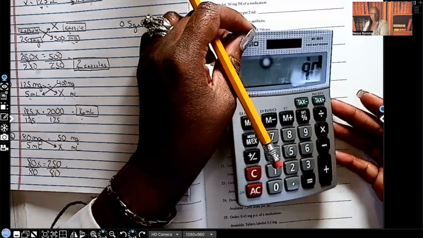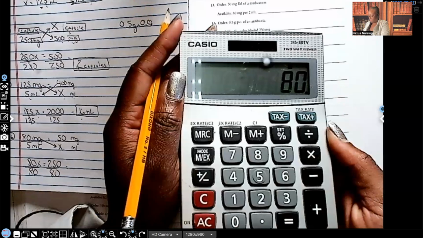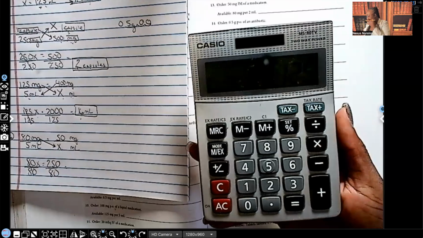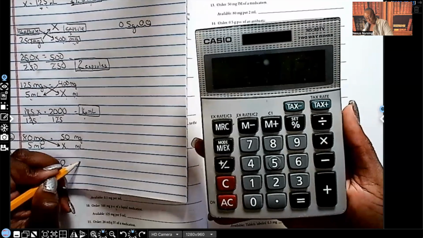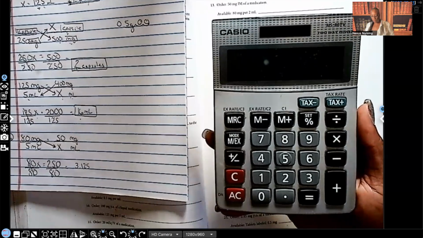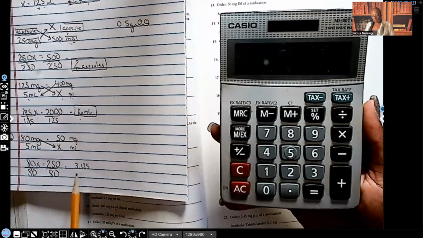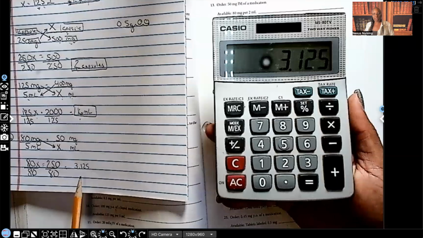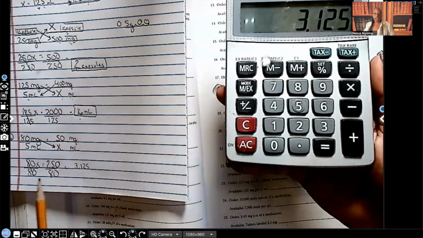3.125. But remember those rounding rules that I told you about that most of you have to go by.